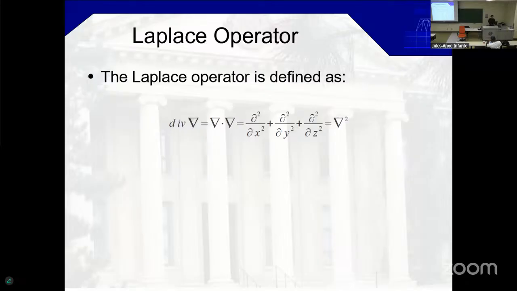And basically, the Laplace operator, which we will use a lot. That one is basically the divergence of the gradient. Okay, so if you apply the gradient to a field, you will get a vector and which returns a field. So this is the expression of the Laplace operator, which is nabla squared.